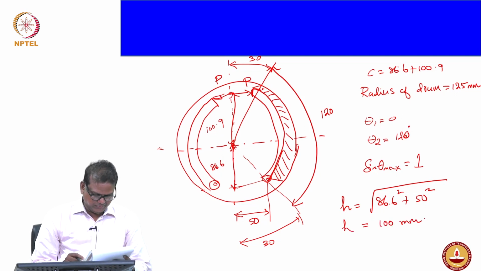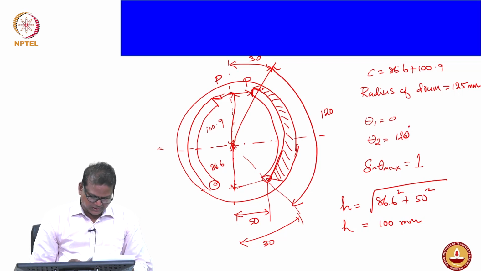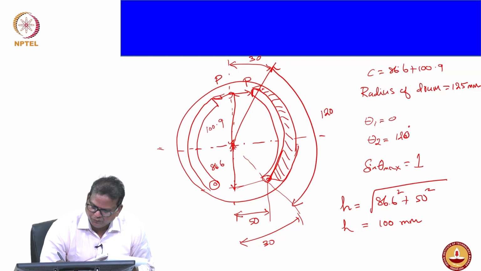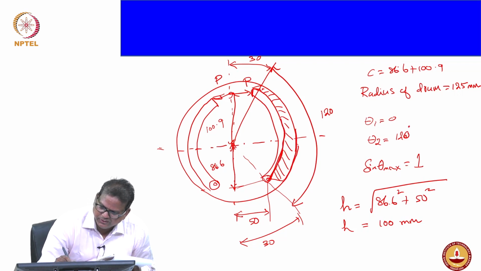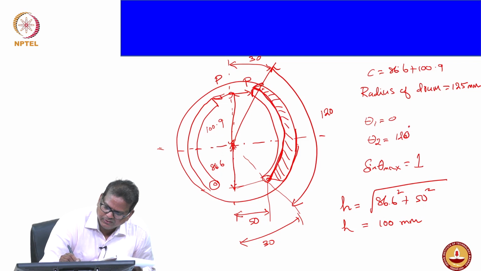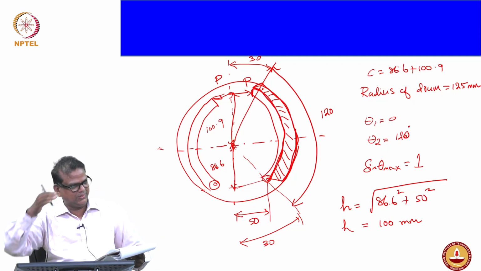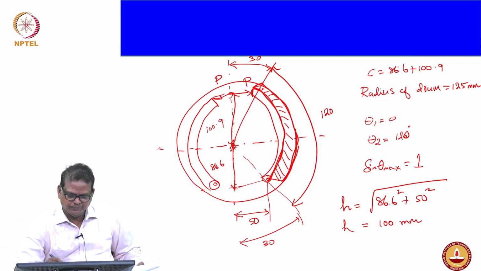That is 100 millimeter. So for the activation force, it is assumed that the maximum normal pressure will occur between the lining on the right hand shoe and the brake drum, because we are focusing only on the leading shoe. This is your shoe, and this is your friction lining, and this lining exactly interacts with the drum. So where do you expect the pressure?